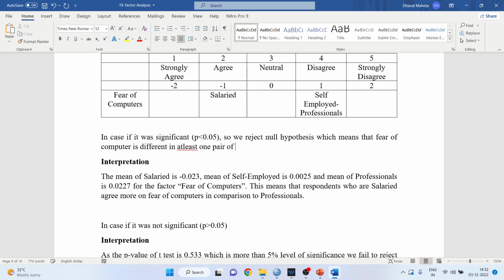At least one pair of occupation means salaried compared with self-employed, self-employed compared with professional, or salaried compared with professionals. Now, we will have to interpret this from the post hoc test, which is Tukey's test. So again, I will have to go into Tukey's test and see whether the p-value is significant there also.